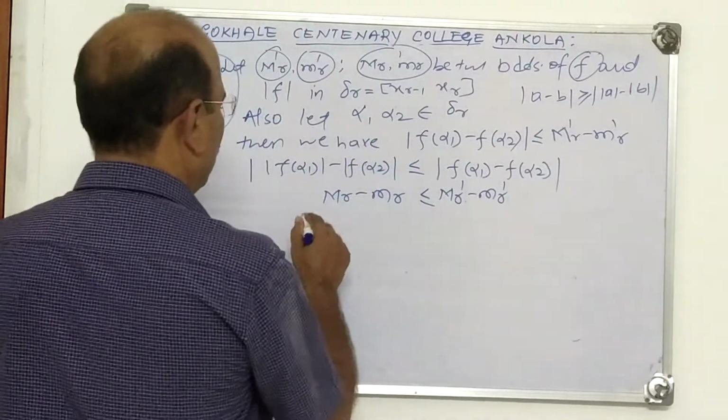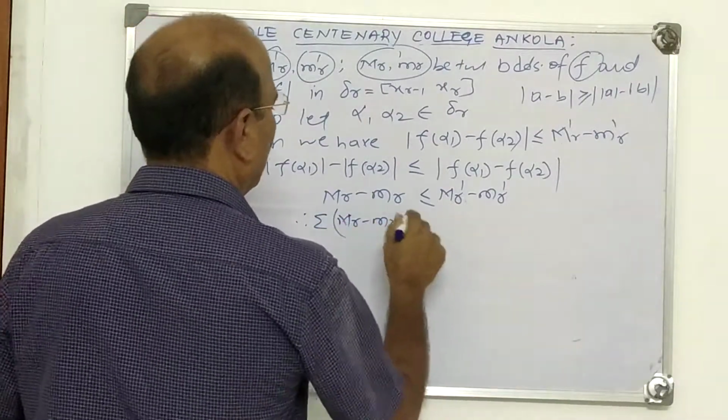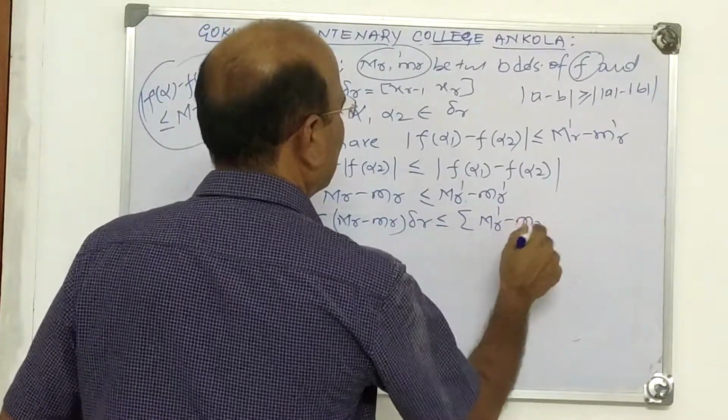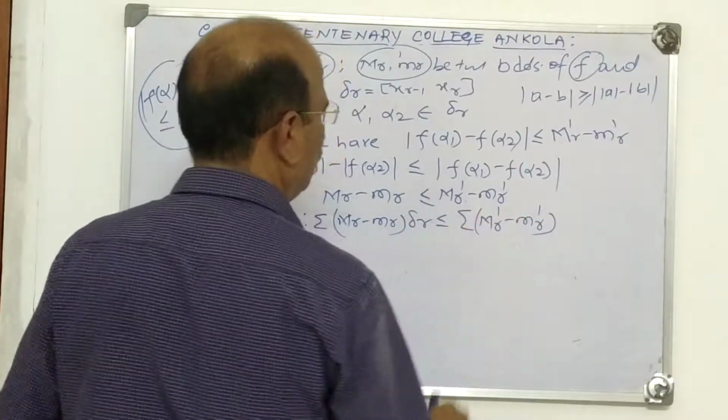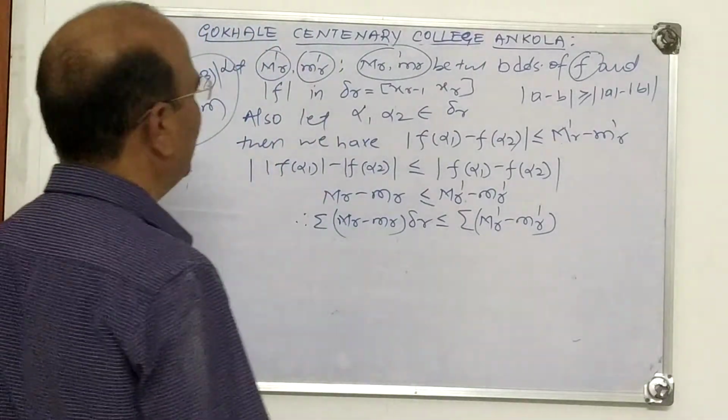Therefore, sigma of (Mr minus mr) delta xr is less than or equal to sigma of (Mr dash minus mr dash) delta xr.